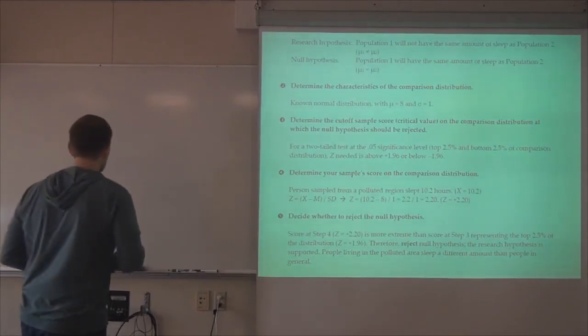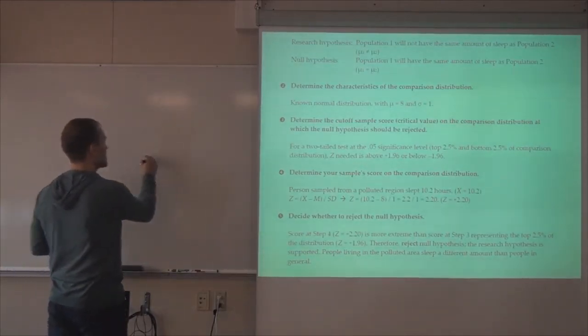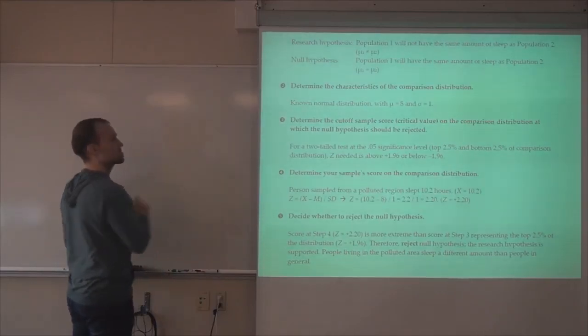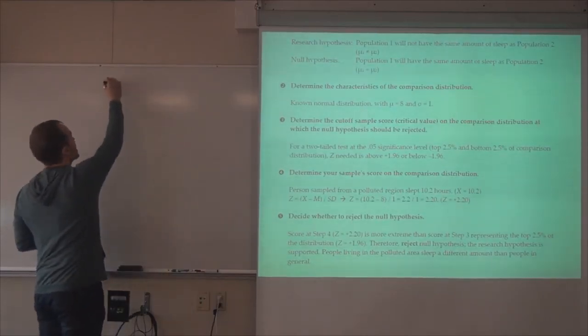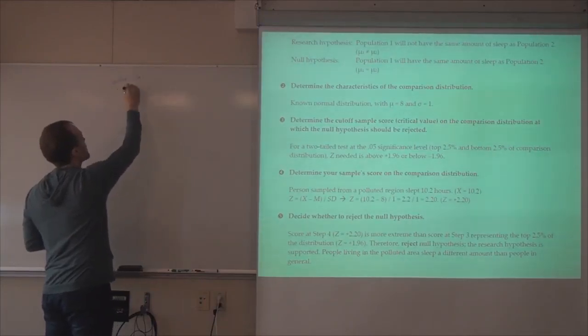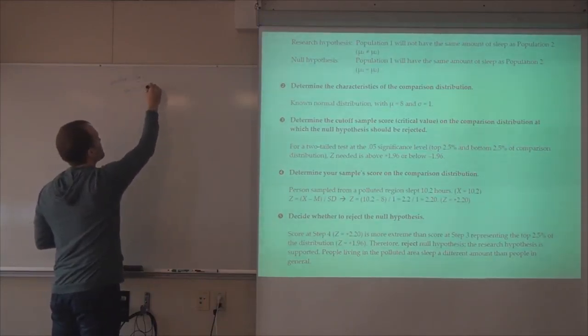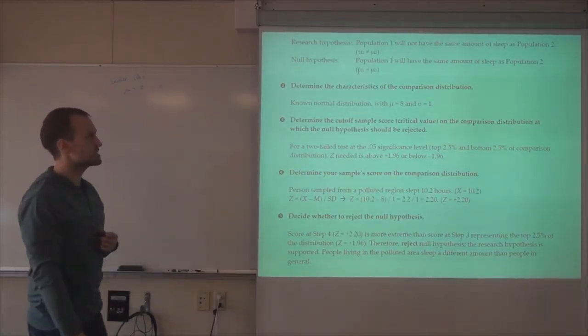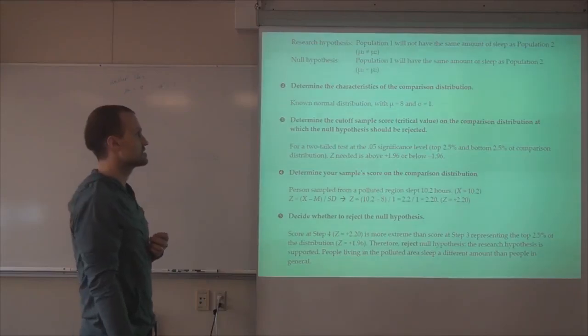So now I'm going to visualize what is happening here and what I'm trying to do. So under the null hypothesis, I have a normal distribution. Let's say here under the null hypothesis, I have a mean of 8, standard deviation of 1 for my population in terms of number of hours slept.